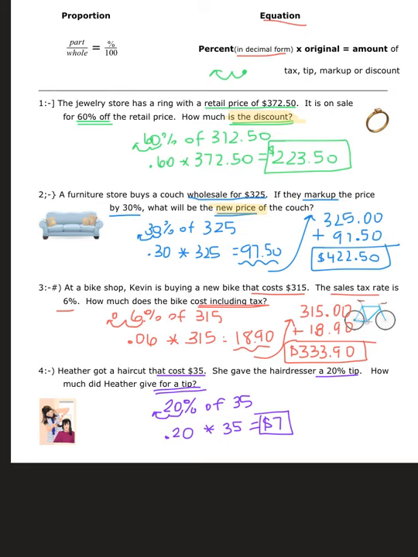Number 3 said what was the cost including the tax, so that would be the cost of the bike plus the tax, so you had to do the extra step. And number 4, it just wanted the tip, so that one you just found the percent she was leaving for the tip, and that was all. Pay close attention because you know that both answers are going to be there, just the percent amount and also the new amount. Let me know if you have any questions.